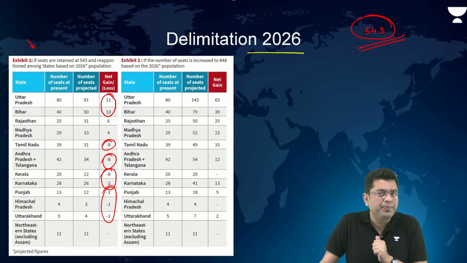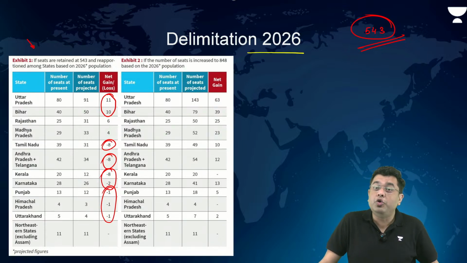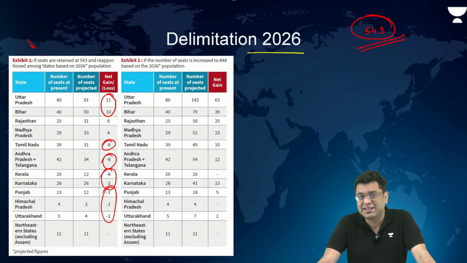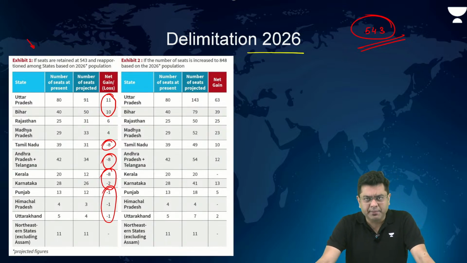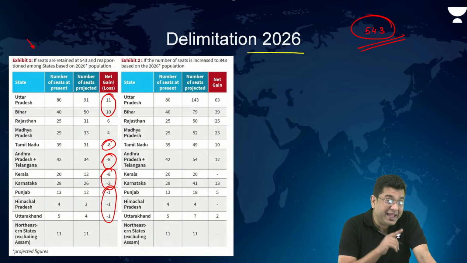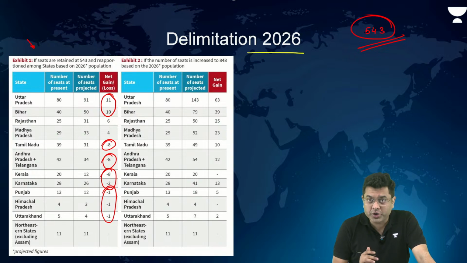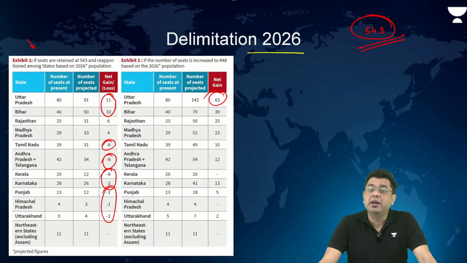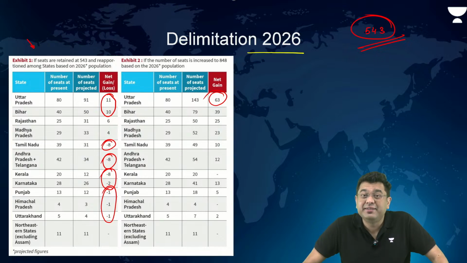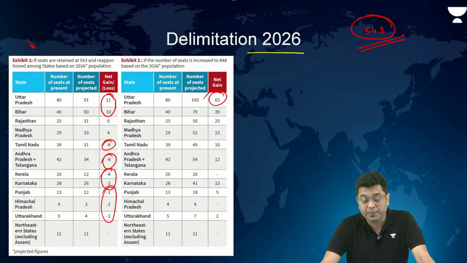But if the normal delimitation exercise is carried out where the number of seats in Lok Sabha also is increased, then in that case, all the states will have a gain in the number of seats. But is that going to be proportional? No. Uttar Pradesh will have a net gain of a whopping 63 seats on its own.